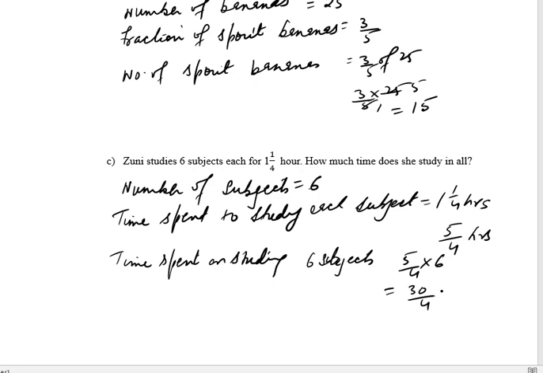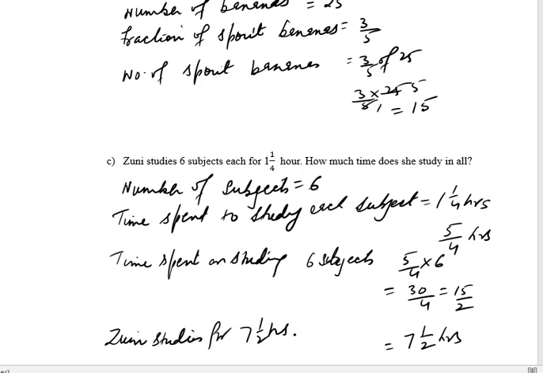So it will become 15 by 2, or if we go with the mixed fraction, 2 sevens are 14 plus 1, 7 and 1 upon 2 hours. I hope it is clear. So altogether Jubin studies for 7.5 hours in all. I hope it is clear.